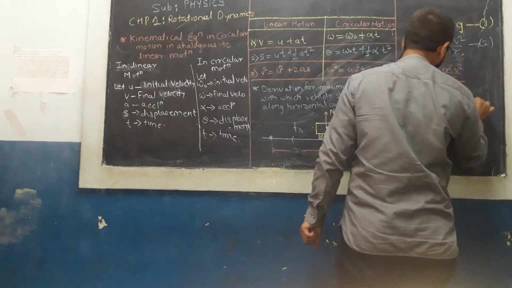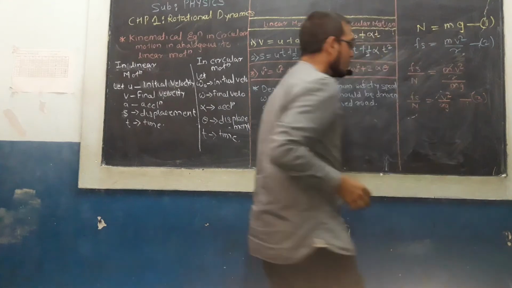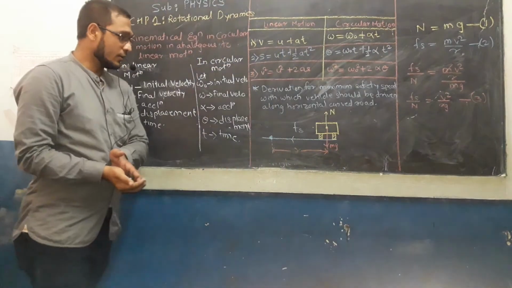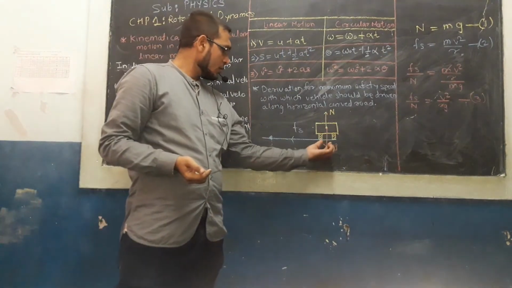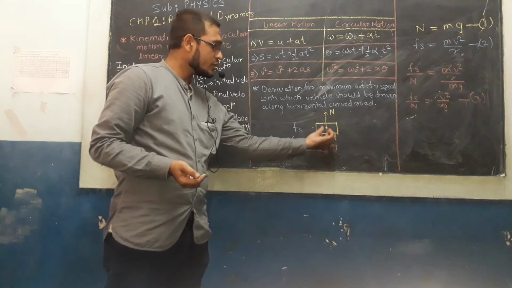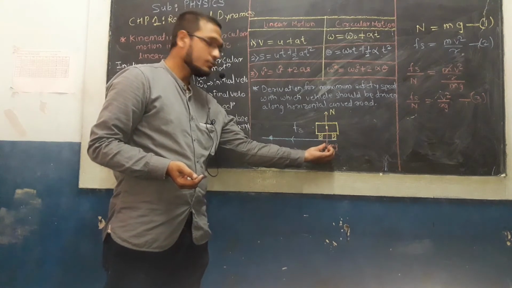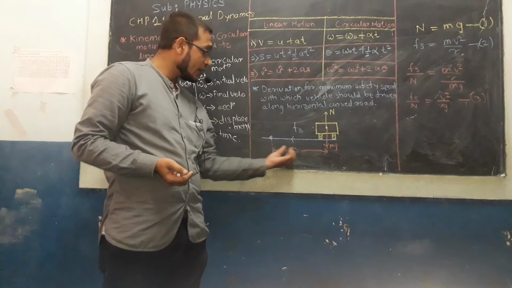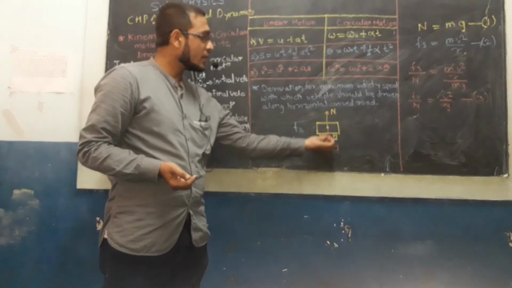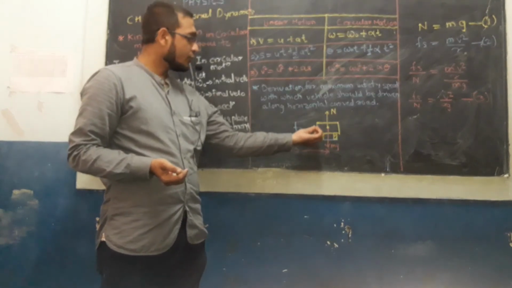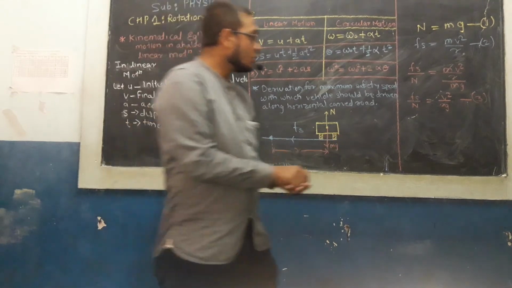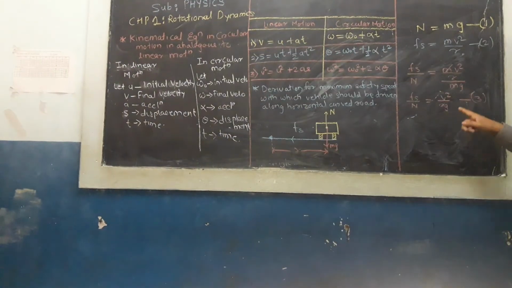Now if you see here, the mass of this vehicle, the weight of this vehicle is constant, the radius is constant, normal reaction is constant. So from this we can say that the force of friction depends upon the speed of the vehicle. So as speed increases, force of friction also increases.